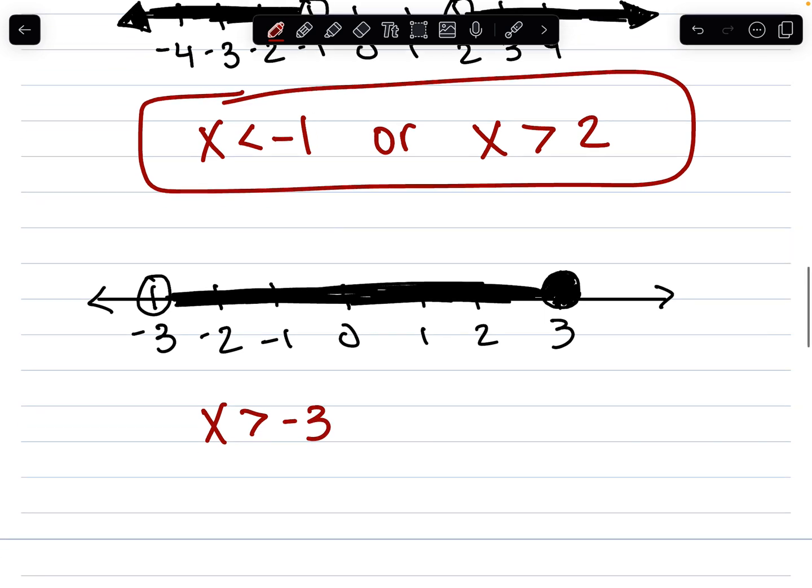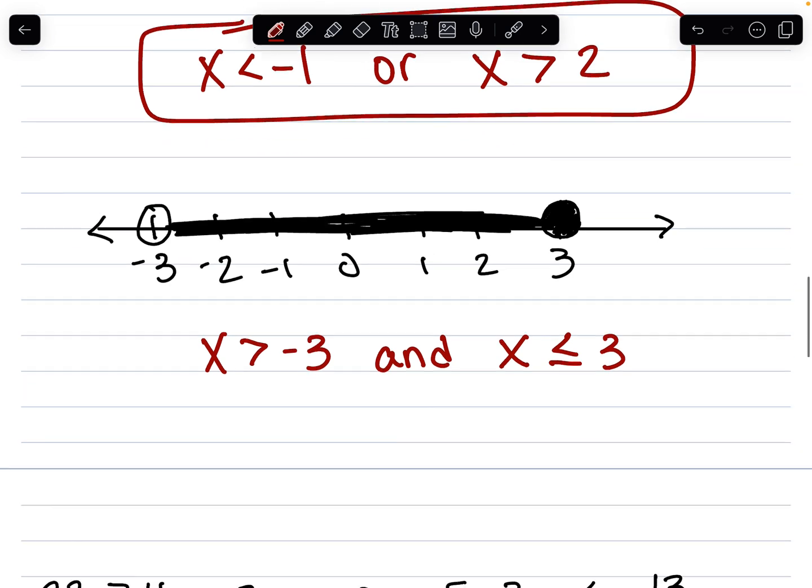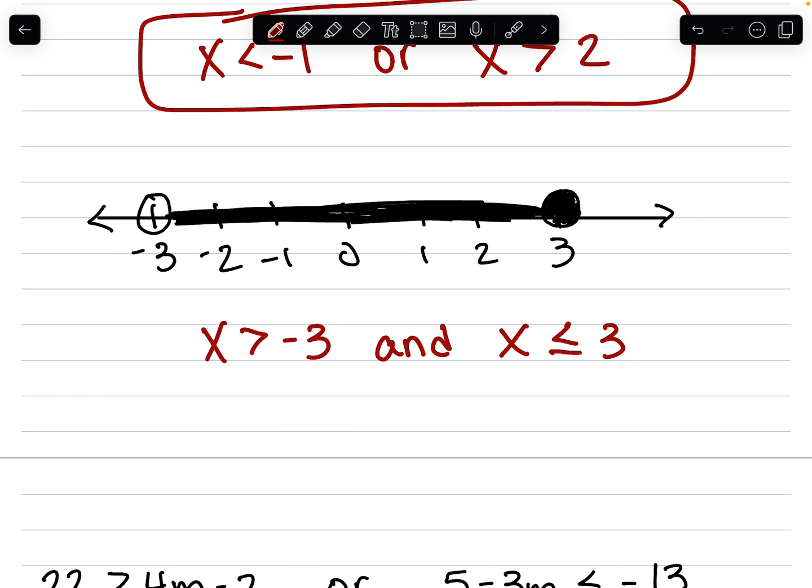And X is less than or equal to 3. Perfect. Now, I am going to tell you on this, everybody needs to watch this. There are sometimes where they want you to write an and statement using only one variable, okay? In that case, X goes in the middle.